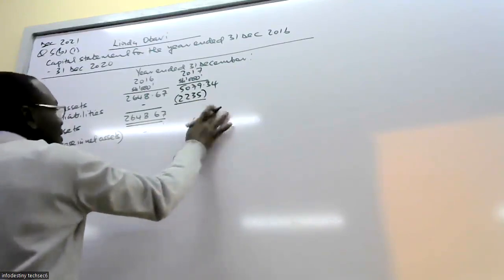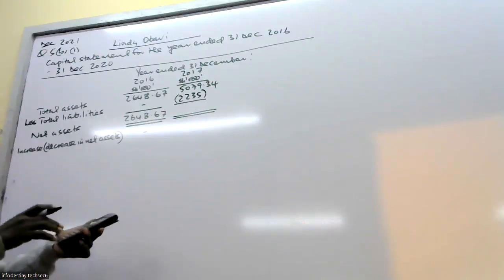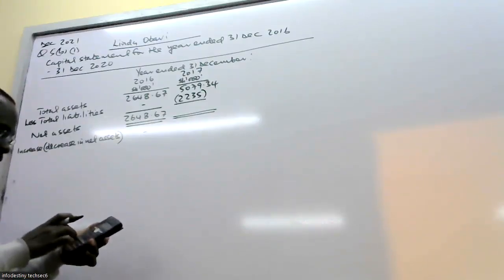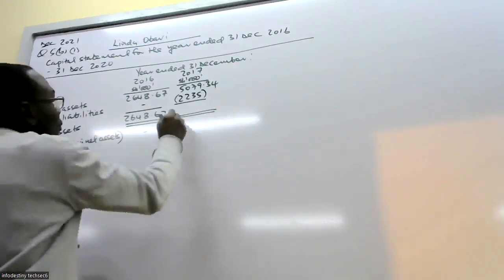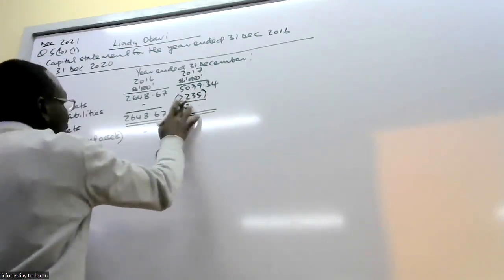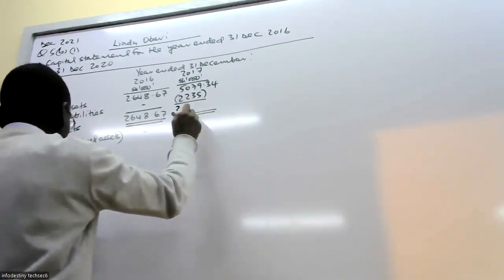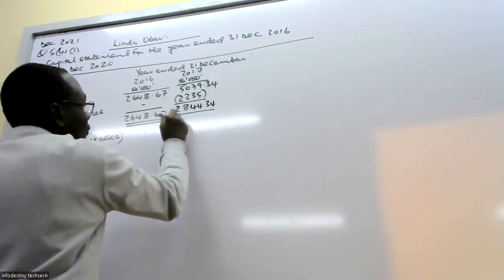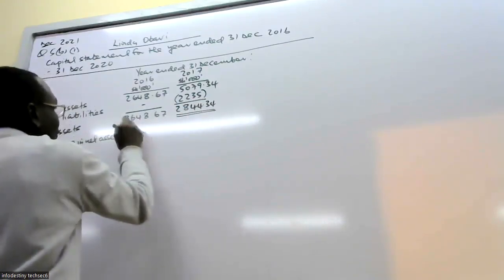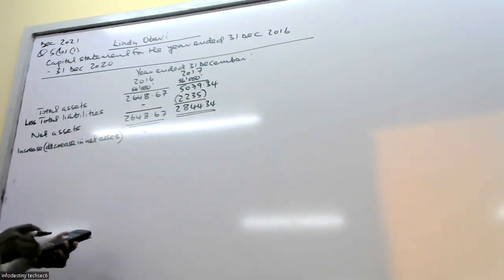The difference is the net assets. So that's... now you can get the change in net assets for 2017 by getting this one.